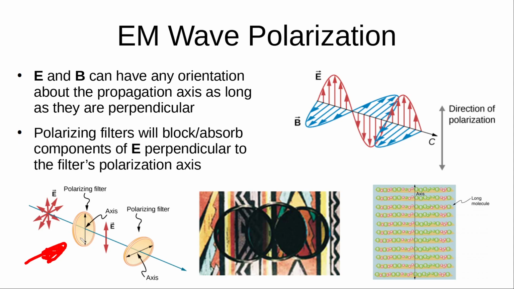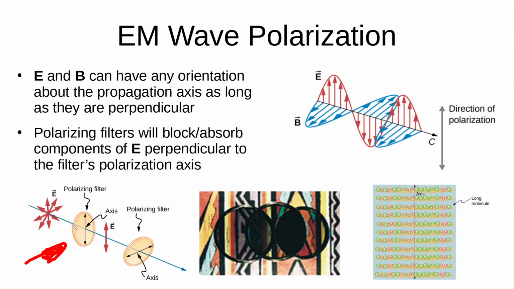So if you take a polarizing filter, like the filters in polarized sunglasses, then you can filter out the polarizations that are perpendicular to the polarizing axis of the filter. So light that is in the same direction as the polarization axis will pass through. Light that's perpendicular to the polarization axis will be blocked.